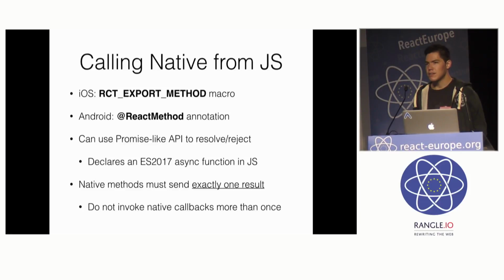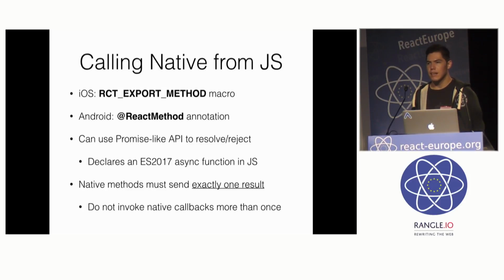The promise API is also kind of nice because when you use it on the native side, it automatically declares an ES2017 async function on the JavaScript side, so you can await these functions as well. One thing to keep in mind is when you implement these native methods, they can send only one result back.